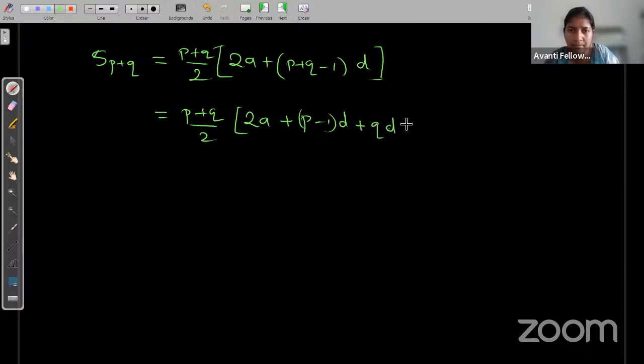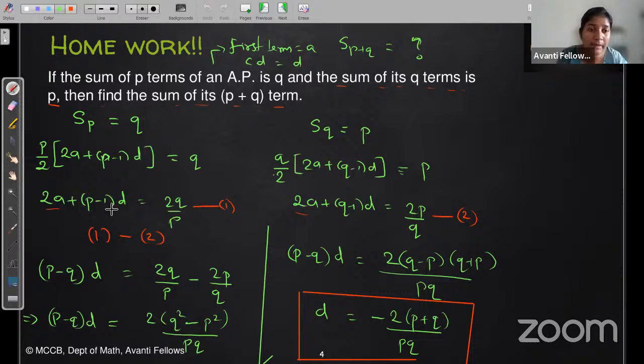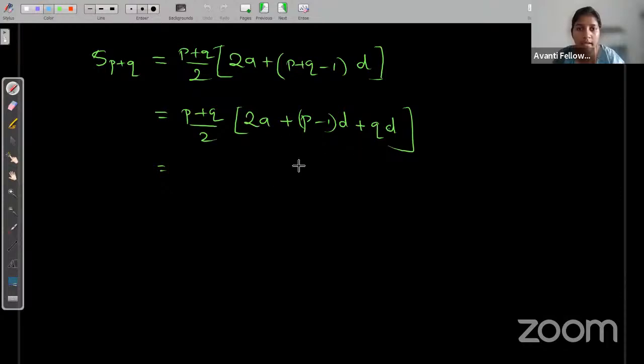I can write this. Why am I writing it like this? I'm writing it in the form of p minus 1 into d because we have its value. We already know the value of 2a plus p minus 1 into d, right? Observe here. We know this value from equation 1, so that I can replace this with equation 1 over there. I'm writing it in this form.